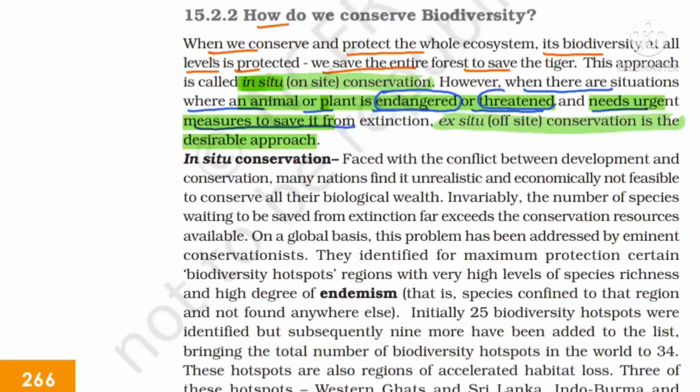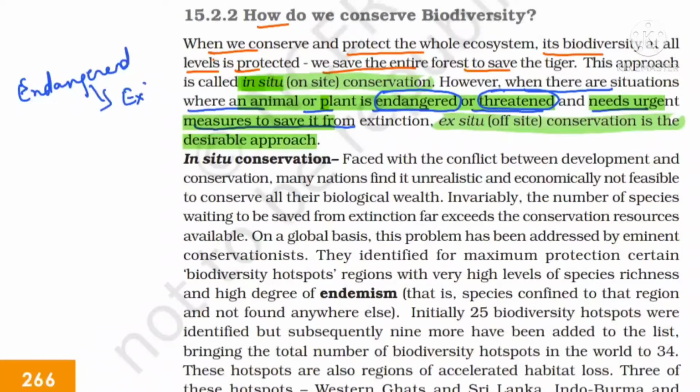See beta, endangered means the one which is at the risk of extinction. If we will not take care, it will immediately get extinct. But threatened means its population is low. If we are not taking care, it may become endangered and finally lead to extinction. Is it clear? So understand better here. Endangered are the ones which are at the risk of extinction.